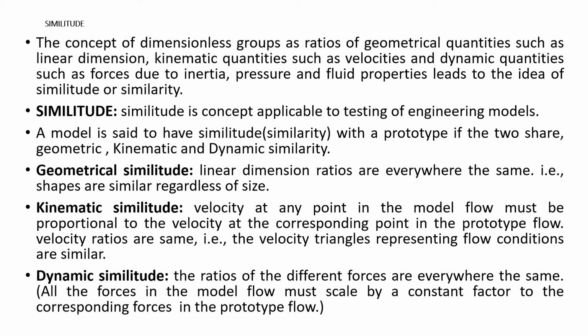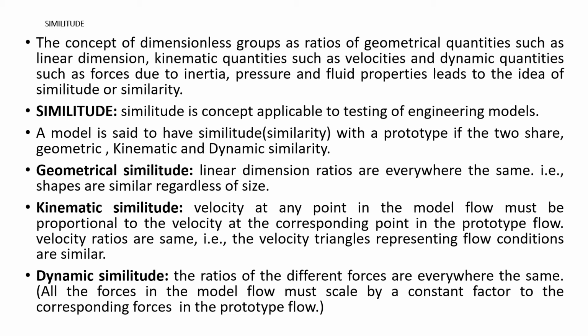That is, the shapes are similar regardless of size. If there is a huge turbine, we are going to make a model of the same turbine with a smaller size. With a scaling ratio, we reduce the size of the turbine, but the shape remains the same. That is the meaning of geometrical similitude or similarity.